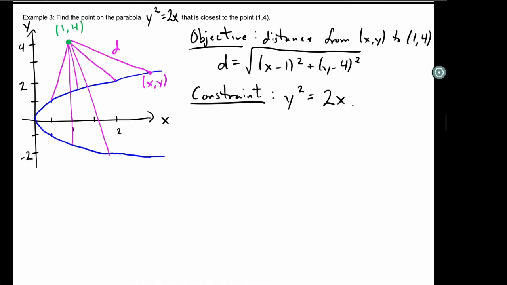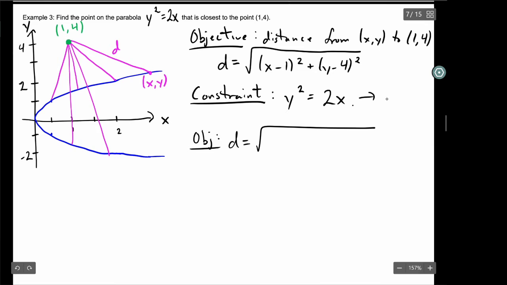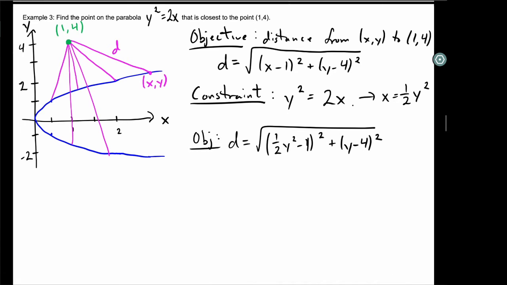So let's see what happens to the objective function. d will become, we can solve this for x to give 1/2 y squared. So we get the square root of 1/2 y squared minus 1 squared plus y minus 4 squared.